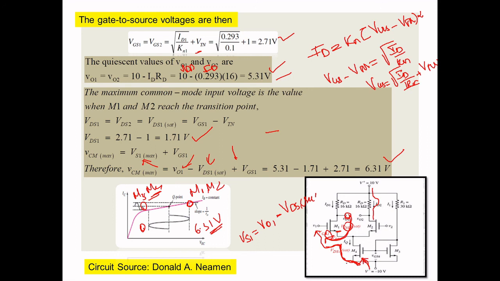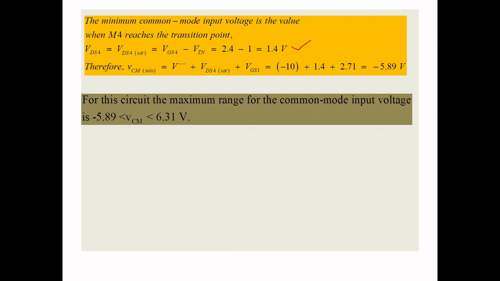This is the way they have included the loop for finding the VCM minimum. When you apply the KVL in the indicated loop, you will be getting V minus, the negative supply, plus your VDS4 saturation plus VGS1. So you will be getting minus 10 plus 1.4 plus 2.71.